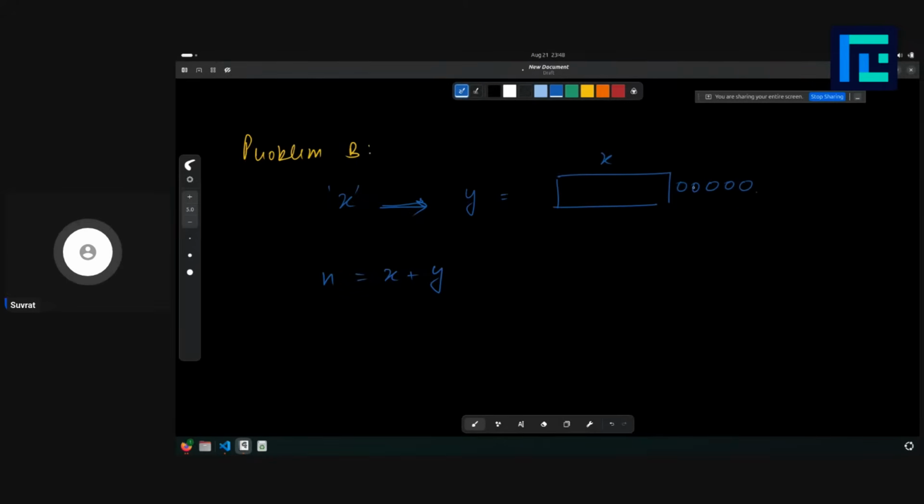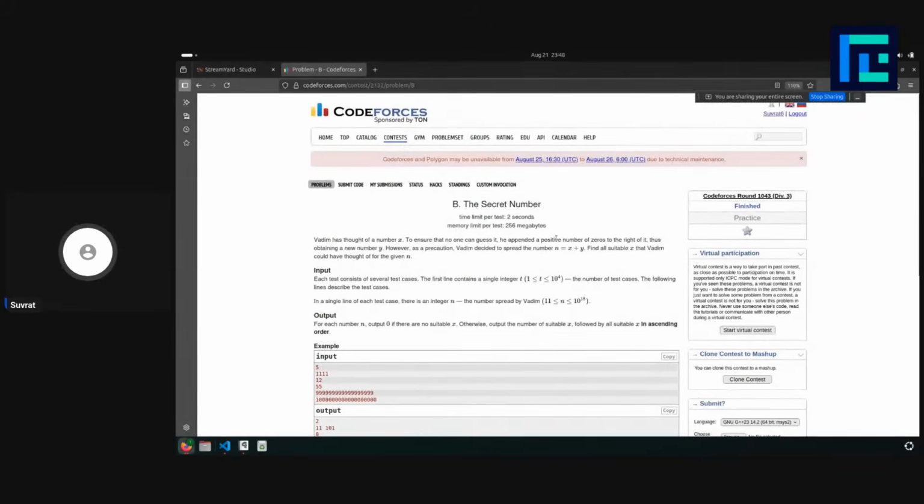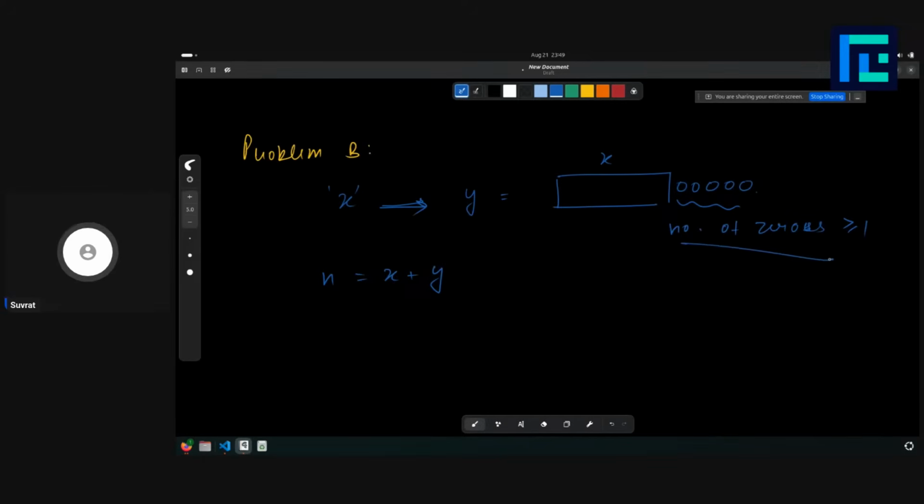Also the number of zeros is greater than equal to 1, since it is written that a positive number of zeros to the right of it. So number of zeros should be greater than equal to 1. And we are given the integer n equal to x plus y.